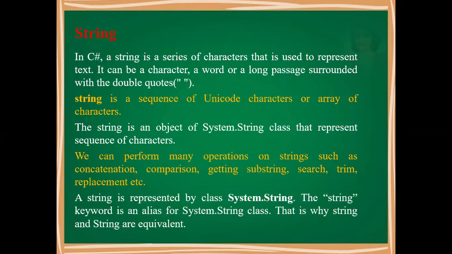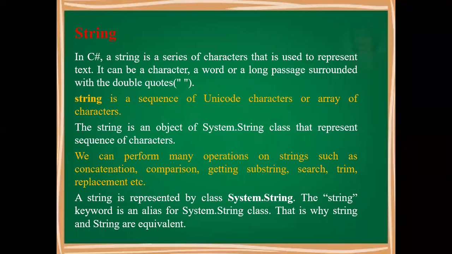So string is represented by the class System.String. The string keyword is used as an alias for the System.String class. So in the previous example, we have written the WriteLine method and the ReadLine method. For that, you can write System.Console.WriteLine, or you can directly start with Console.WriteLine, or if you are writing using System in your namespace, then you need not write all this.